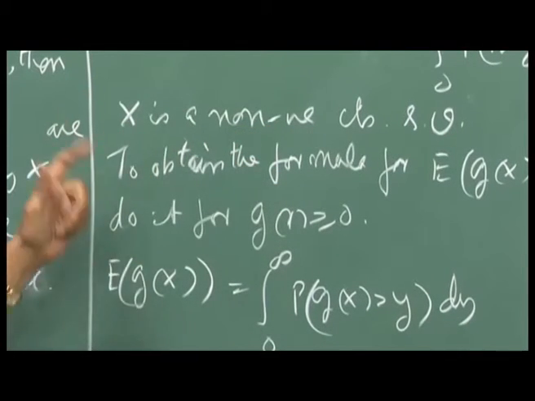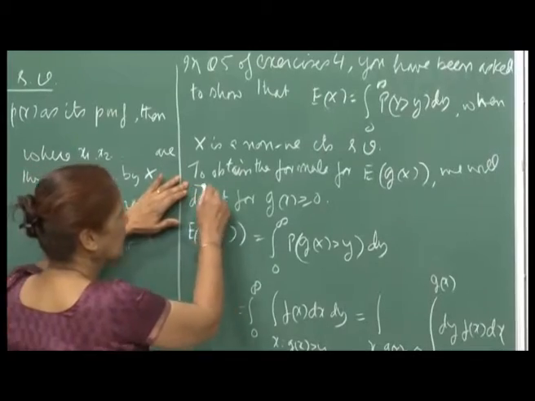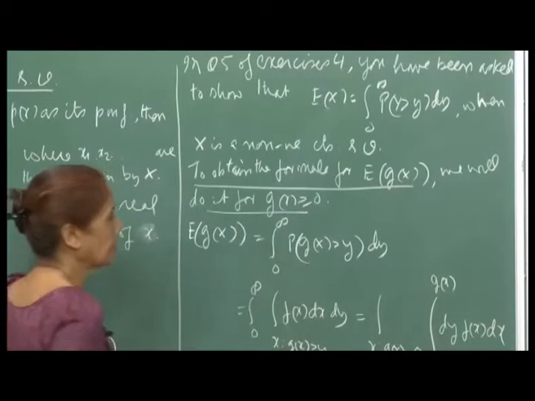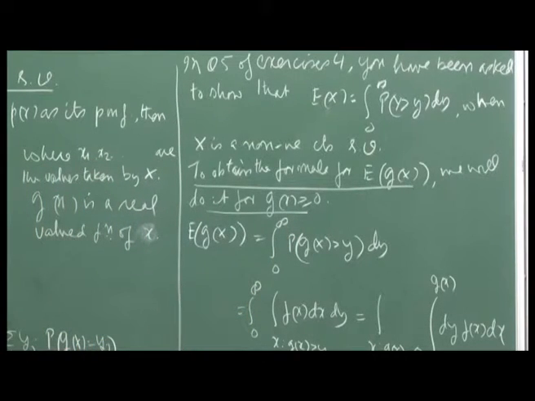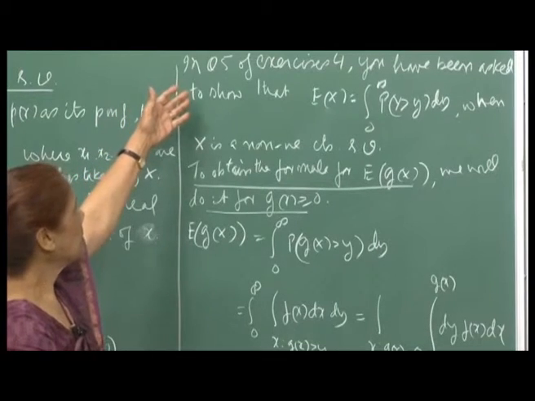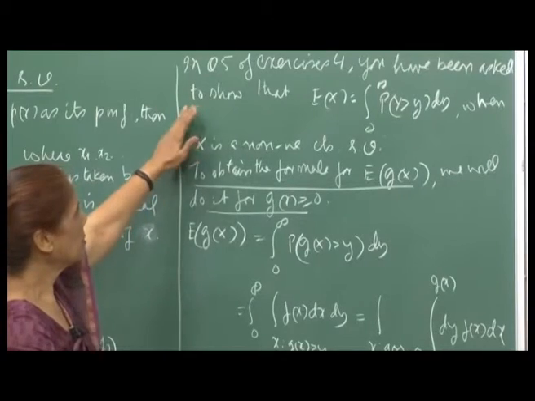Now when I want to talk about the expectation of g(X), I will obtain this formula for when g(X) is non-negative, and then you should be able to take care of the rest, because remember question 3 is your general version, where X can be negative or positive both.